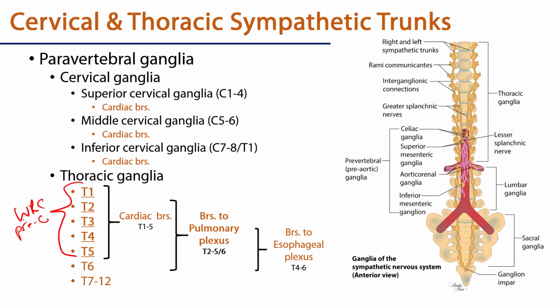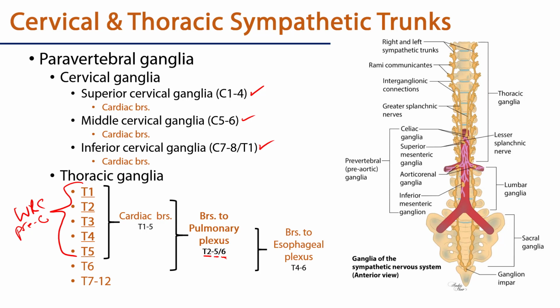And coming off of the sympathetic trunk, we're going to see cardiac branches from the superior cervical ganglion, from the middle cervical ganglion, and from the inferior cervical ganglion, as well as direct branches from the second thoracic through at least the fifth and sometimes the sixth thoracic ganglion of the sympathetic trunk.